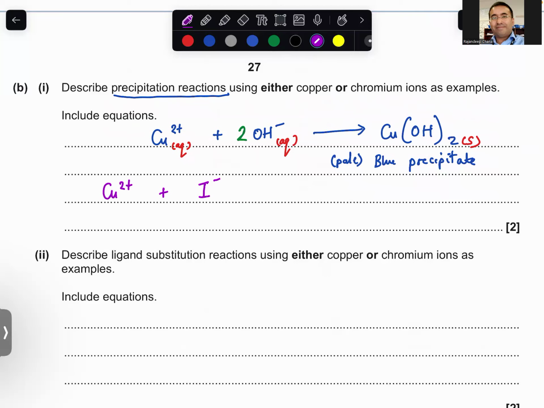So when you react copper 2+ ions with iodide ions, it's a redox. Actually, it's a special type of reaction. Iodine is being reduced and oxidized, so it's a disproportionation reaction. So this gives you copper 1 iodide, and iodine is formed also. And to balance, you put a big 4 there.